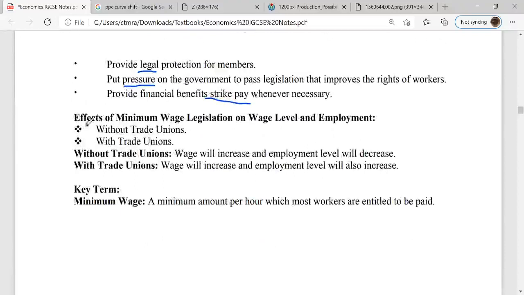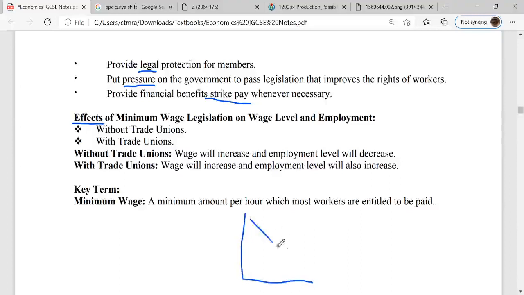It's an important question: the effect of minimum wage legislation. As we are charging a higher wage rate, suppose, let me show it here quickly.